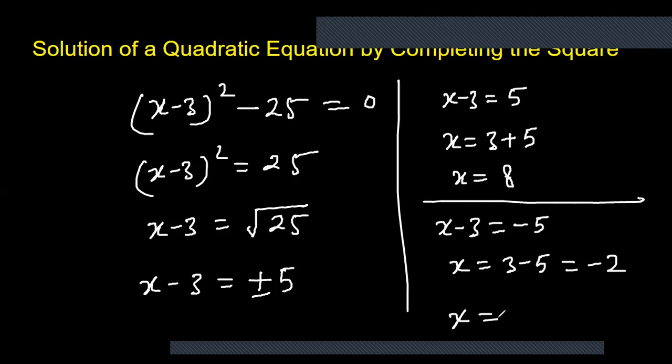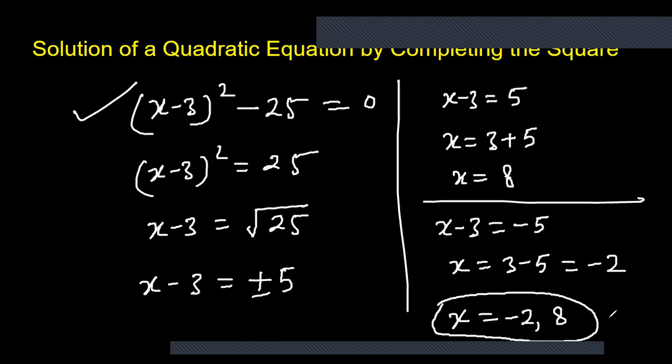Finally we can write together, x is equal to negative 2 or positive 8. Both these values of x will satisfy this equation, meaning these are the solutions to the given quadratic equation. So what did we see in both the examples? That the term containing x is a perfect square.